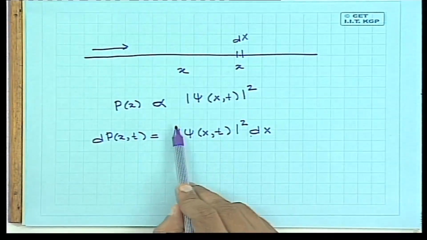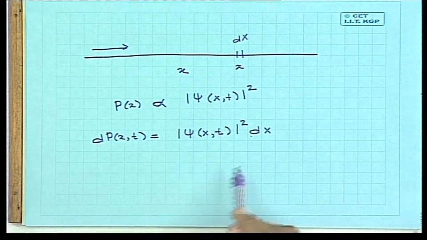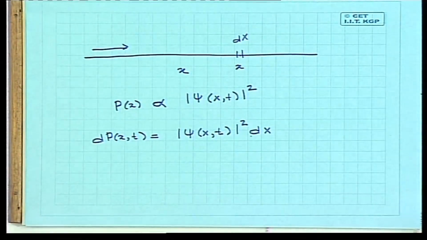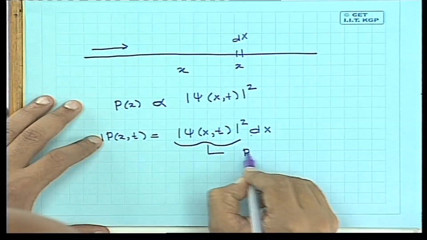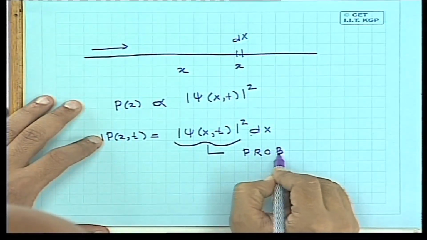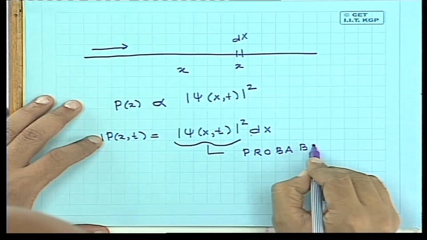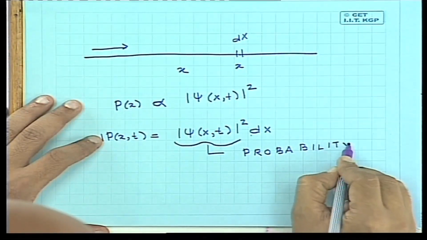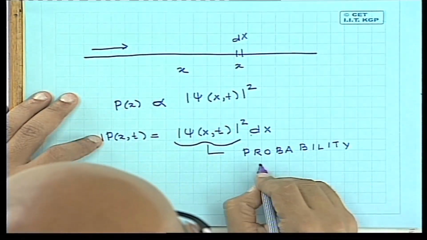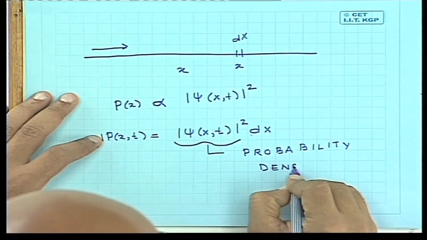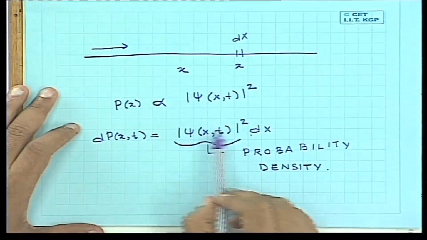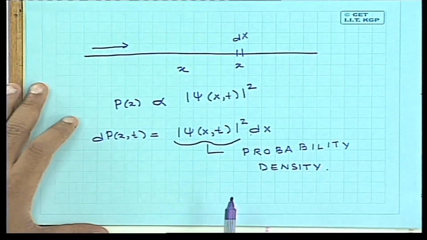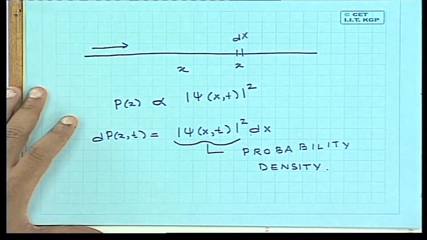You take the wave function, find the mod of it, square it, and multiply it by the interval dx. This quantity, the mod of the wave function squared, is the probability density. The probability density into the interval dx gives you the probability of finding the particle in that interval.